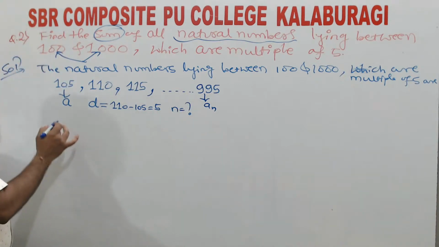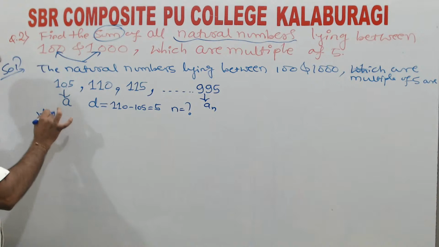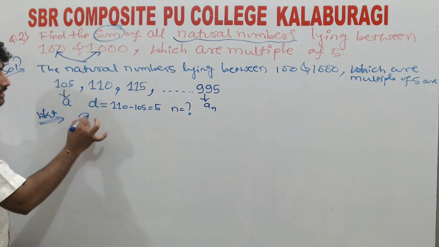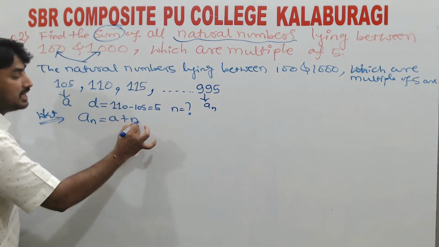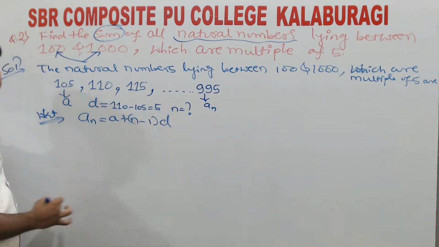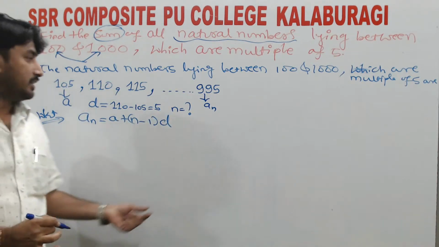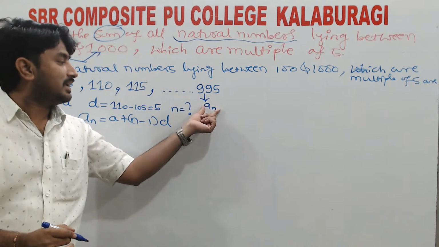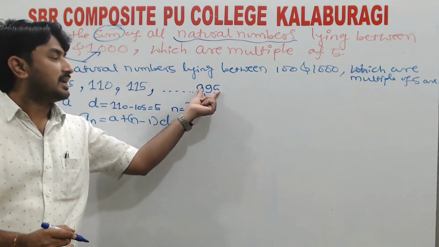Now we know the same formula applies here: An equals a plus n minus 1 into d. Already we know the value of the nth term is 995.